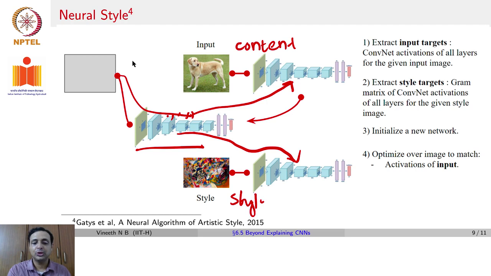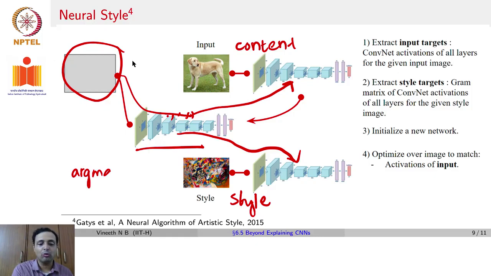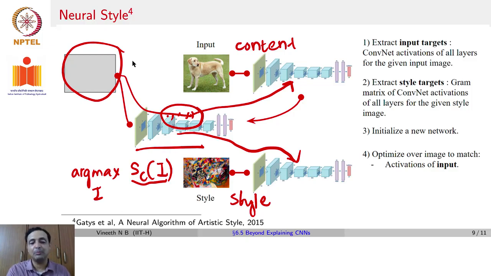So you now backprop to image for a gray image and another of these AlexNet models or any CNN model. You would do a backprop to image. Remember that we said was argmax of I. We try to maximize the score of I with respect to a particular neuron, but this time we're going to try to minimize the distance between the activations that we get for this input here and the activations that we get for this dog image on this network.